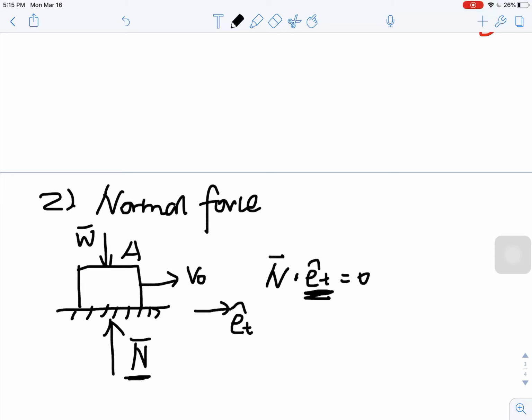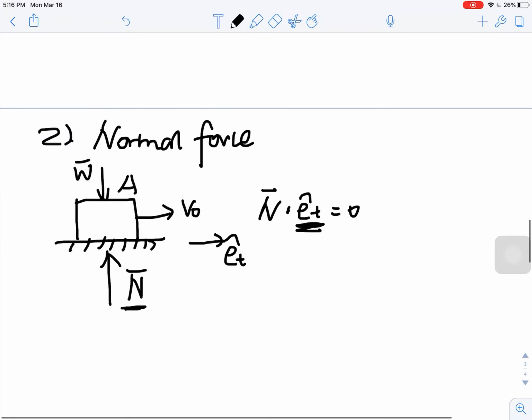Therefore, e_t hat dot N, the normal force, equals 0. That tells us any force perpendicular to the motion does not contribute to work.